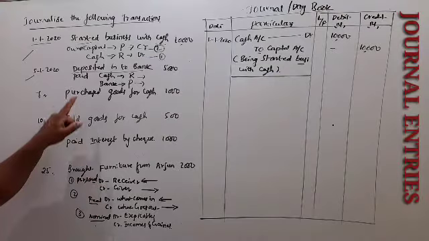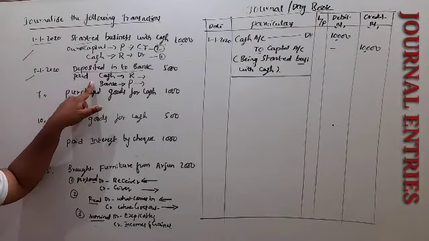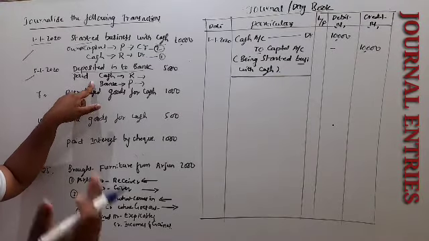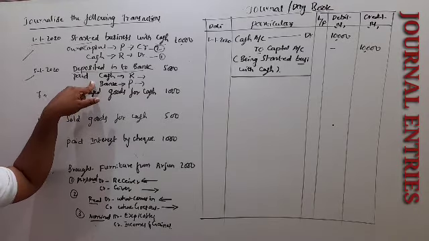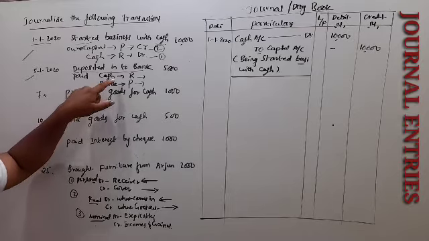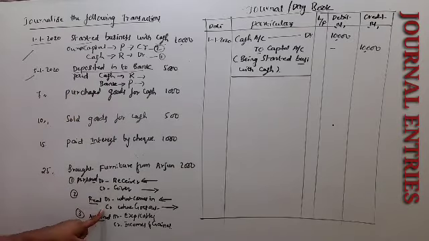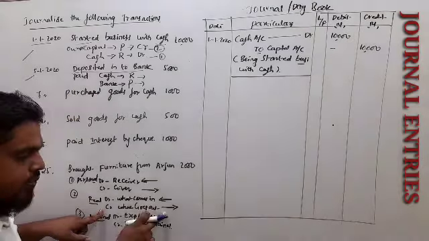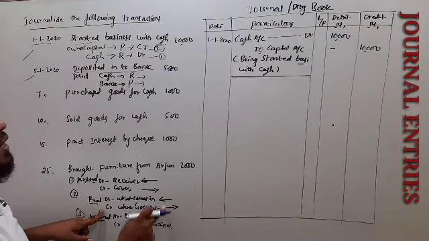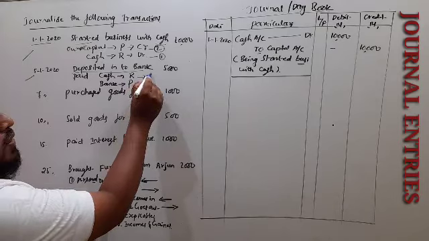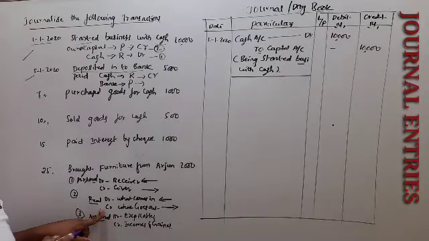Here, deposited into bank, we are paying cash into the bank, so cash is going out of the business. Credit what goes out. So cash is the credit side. If assets go out, it is always the credit side.